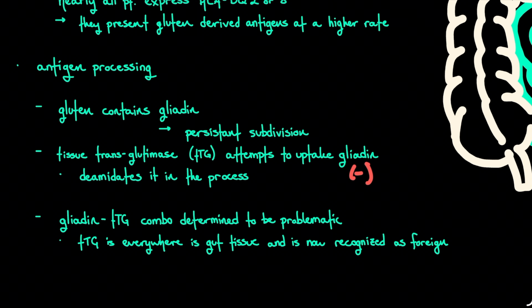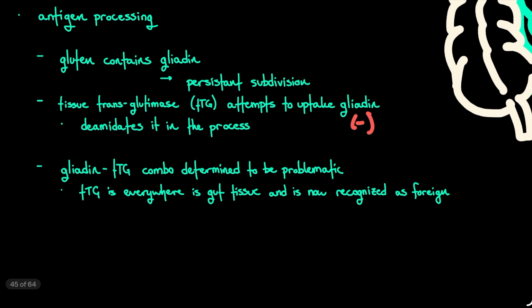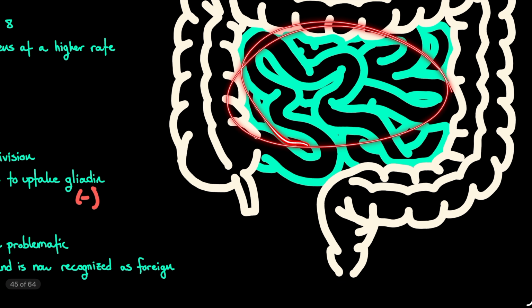All this means now, what I'm after is the molecule has changed, and now it looks more inviting to antigen-presenting cells, especially those that are more apt to present gluten antigens. So what happens is this gliadin that's bound to this enzyme, this combo is now determined to be a problem. So the TTG gliadin combo, that's like everywhere. You have TTG all in your gut mucosa.